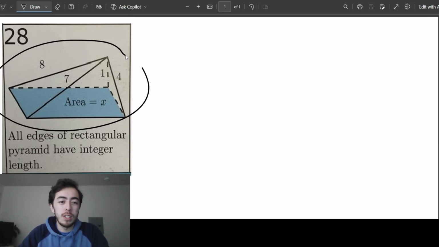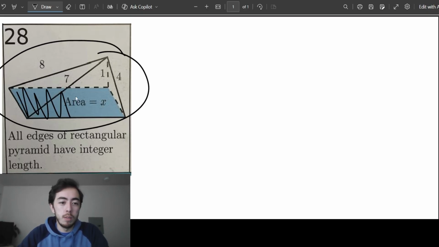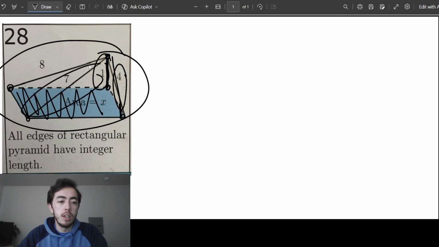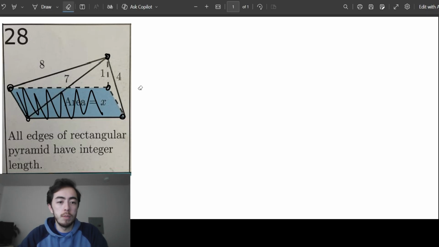So we have this rectangular pyramid. We have a rectangle on the bottom, and then all four of these vertices connect to this apex, or top, of the pyramid, and we have different lengths for these diagonal edges here. There's one with a length of 1, 4, 7, and then finally 8.